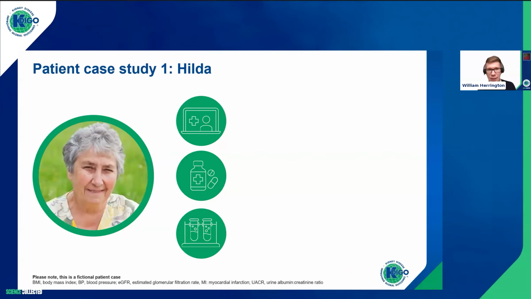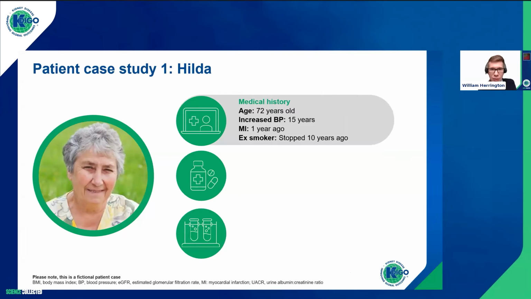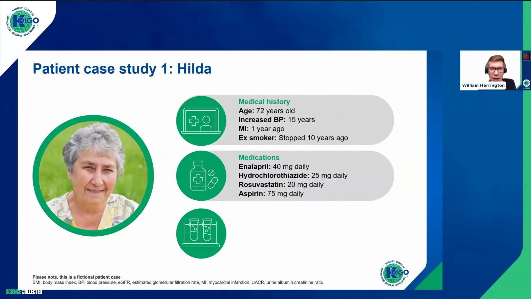So the first case is a lady called Hilda. You met her with Professor Michael Schlipak's discussions in the 3rd webinar. Just as a reminder, she's 72, has had increased blood pressure for the last 15 years, and that is treated with enalapril at 40 milligrams, which is the full dose. Her blood pressure is also treated with a thiazide diuretic.